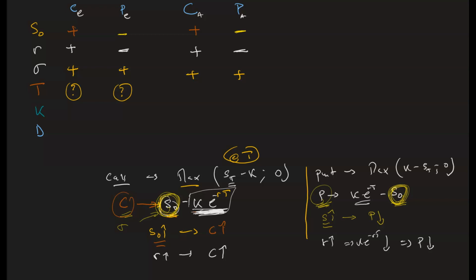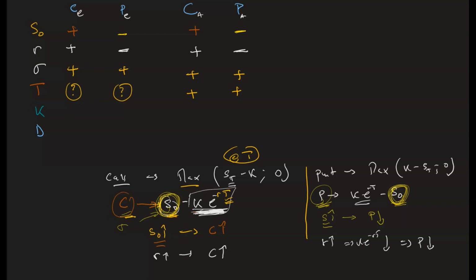And so the higher T is here, the lower the present value is going to be, and the lower the present value, the higher the call option premium. So it's going to have a positive sign here, and the same would apply for the put option price. And the more likely it is that the option would expire in the money, so we're going to put a positive sign here as well.